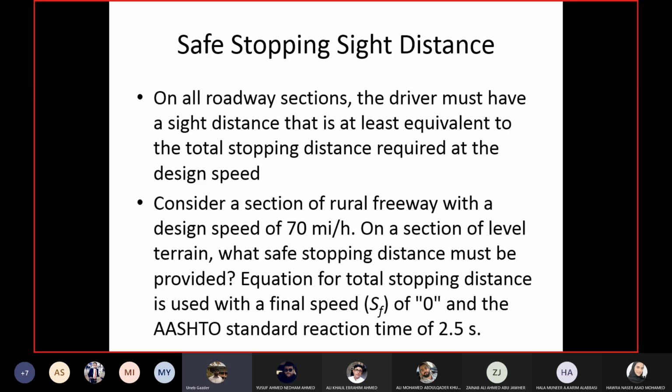Now let us come towards the concept of safe stopping sight distance. You can see we are using the term stopping distance again, but we have added the word sight here. Sight means visibility.